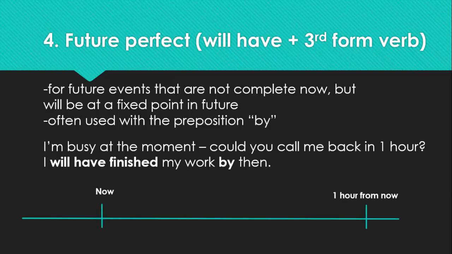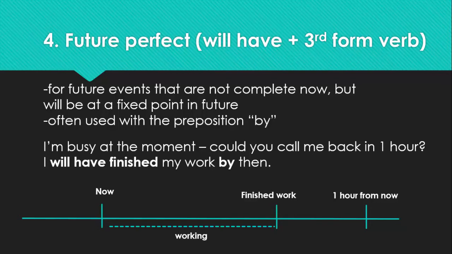So let's look at a timeline to illustrate this. We have the time now and my fixed point in future, 1 hour from now. I'm in the process at the moment of working. I haven't finished work yet, but at some point before 1 hour from now, I will finish work.